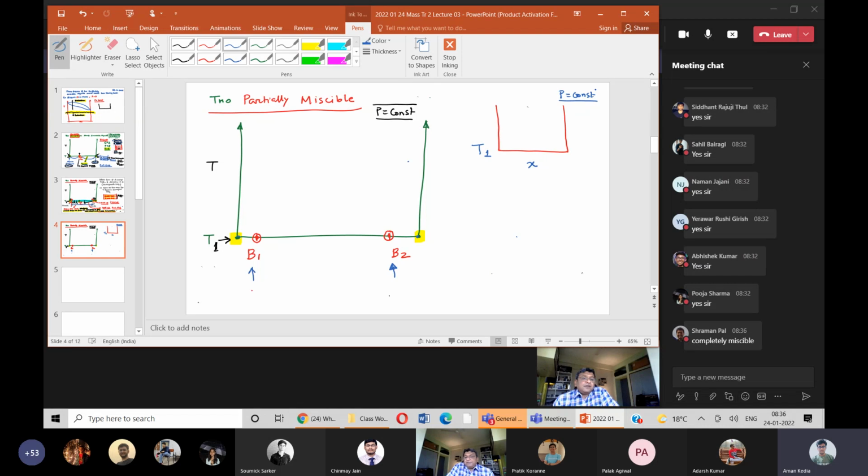Shravan, this was a trap I led and you fell into that. This is either completely miscible or completely immiscible. See, one said completely miscible, one said completely immiscible. Turn on your thinking cap. If you just have this thing, it will either be completely miscible or completely immiscible. Clear to everyone? I won't explain anything more.